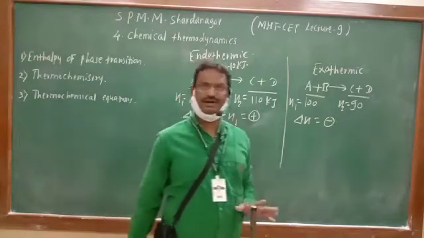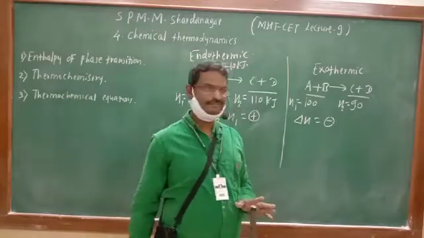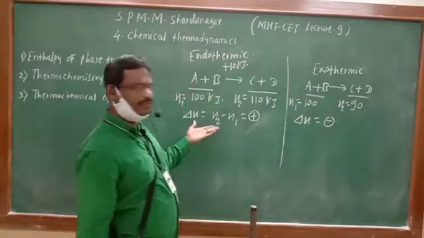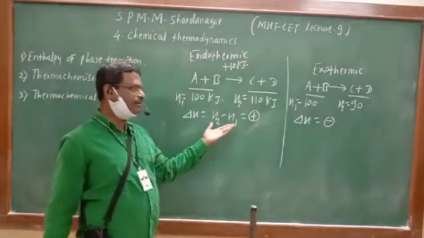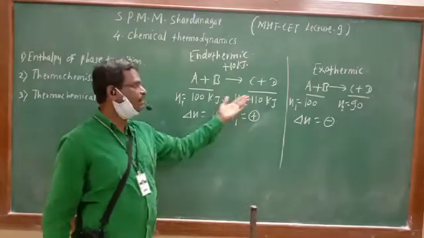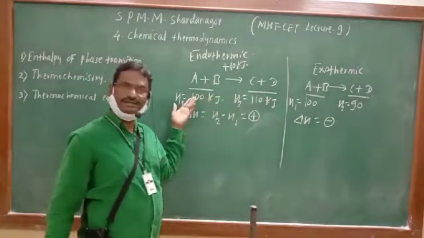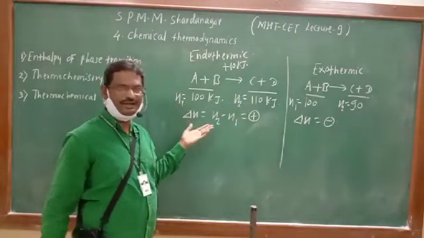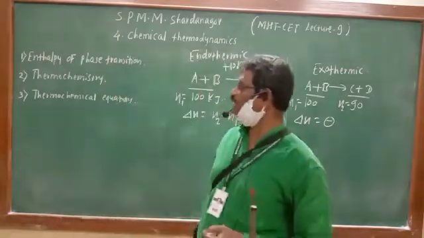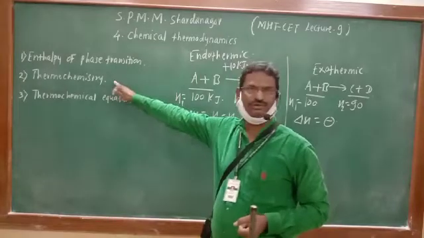That is all about thermochemistry. And we can calculate the enthalpy change by this equation. The summation of enthalpy of products minus the summation of enthalpy of reactants is known as the enthalpy of the reaction, which is studied in thermochemistry.